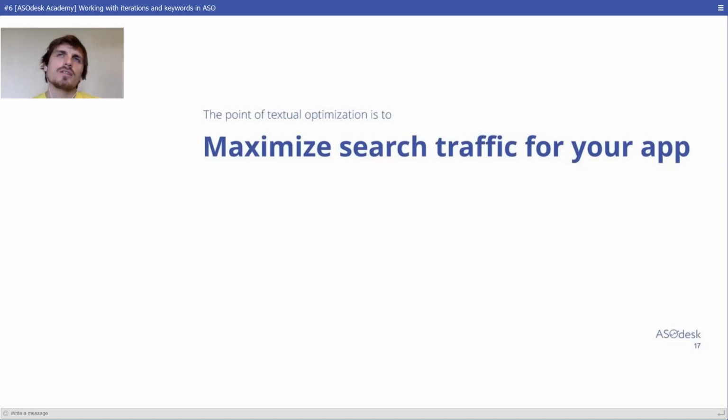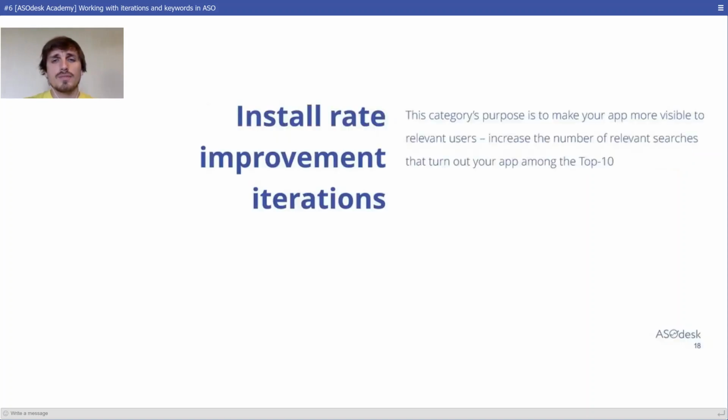However, that's great. These scope and relevance iterations are important for us to prepare, to find a niche, to target a semantic cohort. However, we remember the most important goal of ASO is search traffic maximization.